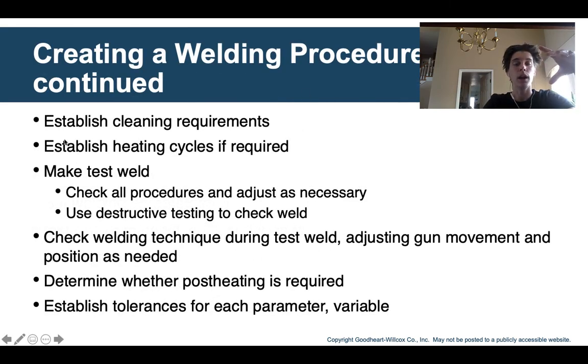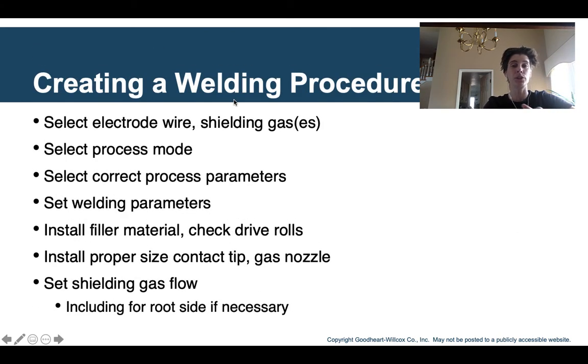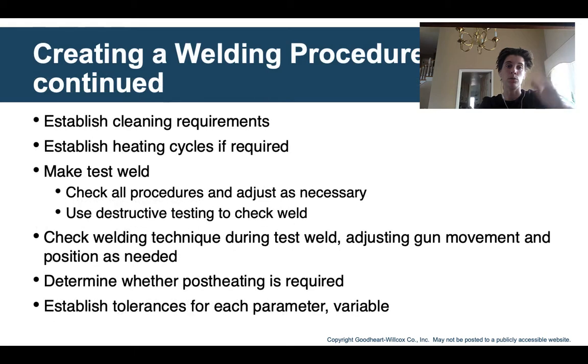You might also have cleaning requirements, like wire brush before the next weld, or heating cycles, like preheating and post-heating. If you are establishing a welding procedure on your own, say for your shop, or you're repeating the same weld and have to make sure it can pass code, you can make up your own welding procedure, then make a test weld and use destructive testing to check that weld.